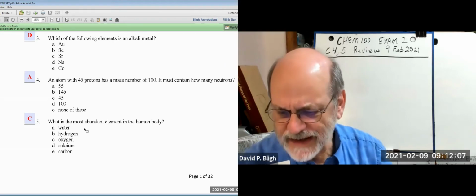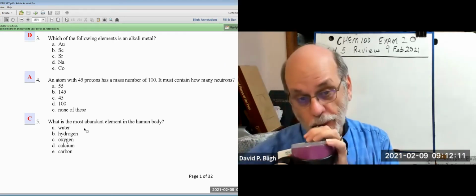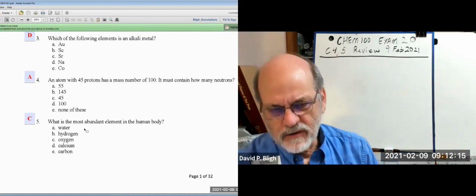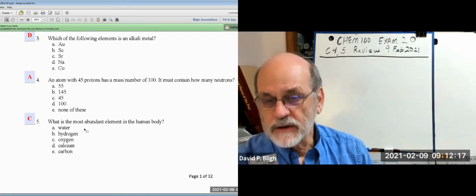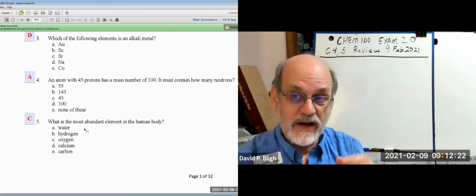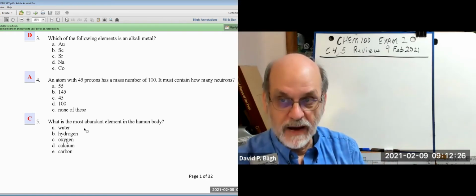What's the most abundant element in the human body? And that's probably not a very good question, because what do you mean most abundant? I mean, is it most abundant by numbers of oxygen atoms, or is it by mass?